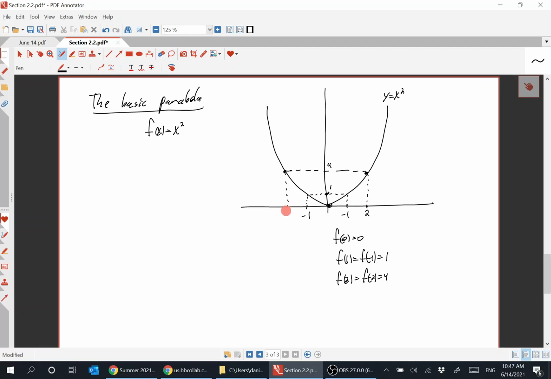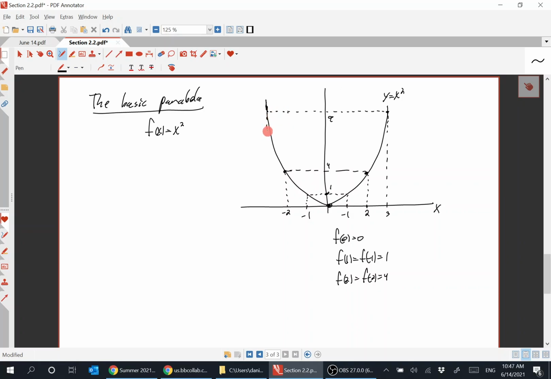On the y-axis. So on the x-axis, values of 2 correspond to values of 2 squared, which is 4. On the y-axis, for 3, x values of 3 correspond to y values of 3 squared, which is 9.